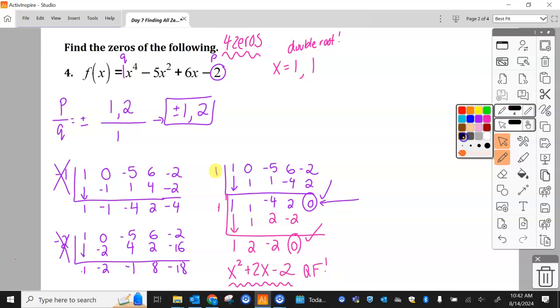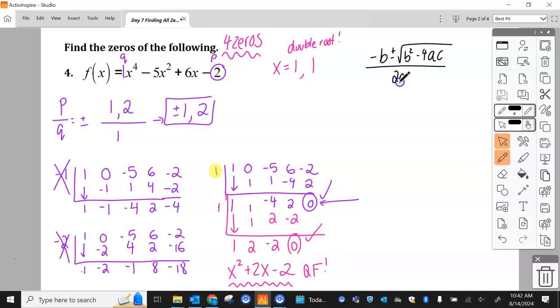Formula is -b plus or minus square root b² minus 4ac all over 2a. So let's plug in our values. -2 plus or minus b², so 2 squared gives you 4, minus 4 times a, which is just 1, times c, which is -2, all over 2 times a, which is just 2 times 1.